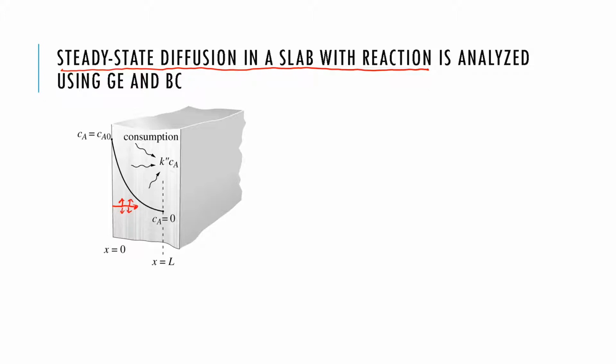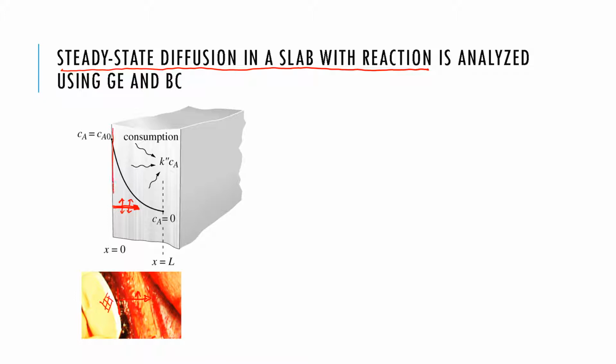As an example, we can think of drug delivery in the brain tissue where you have diffusion of drug from these wafers into the tissue accompanied by consumption. Now notice that we are interested in a 1D process. Okay, so we want to do 1D slab.